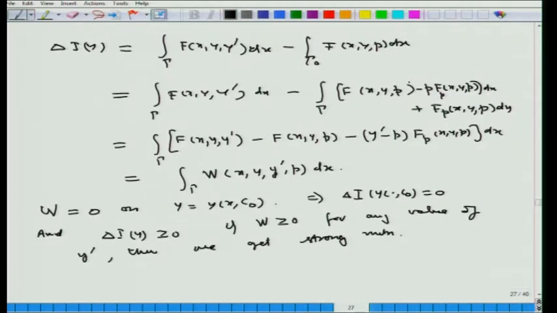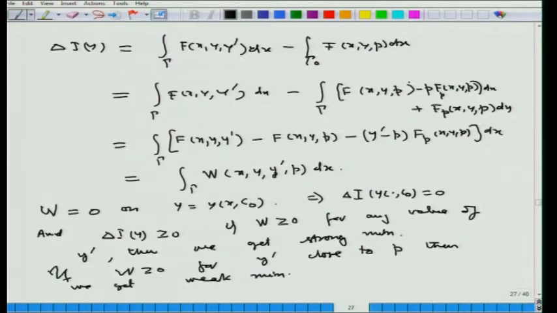So we have zero order proximity. And if w is greater than 0 for y prime close to p, then we get a weak minimum.